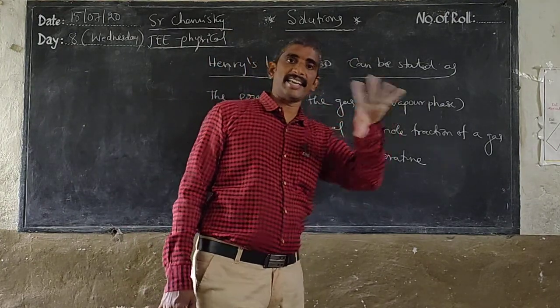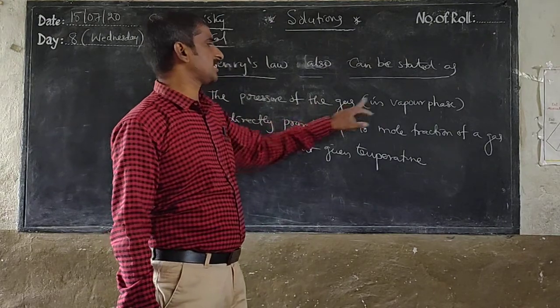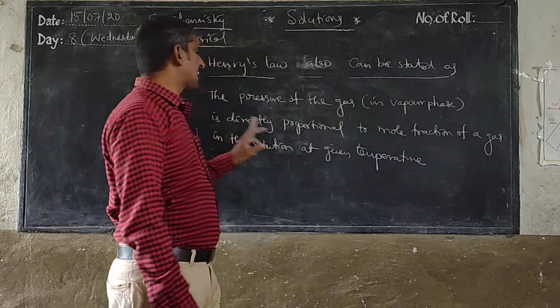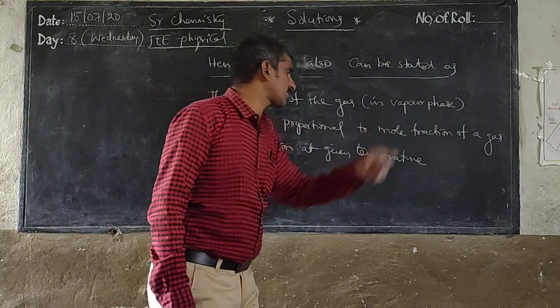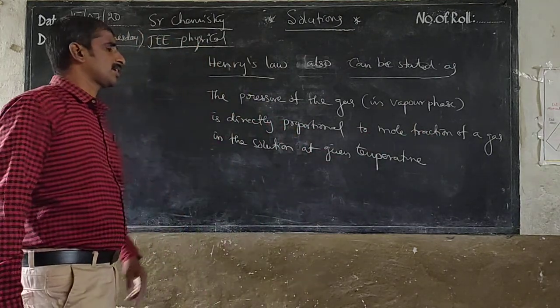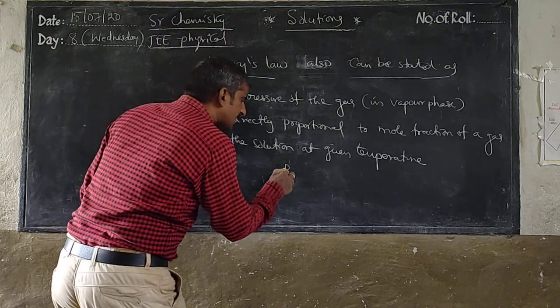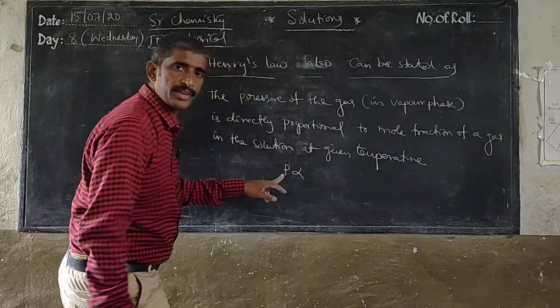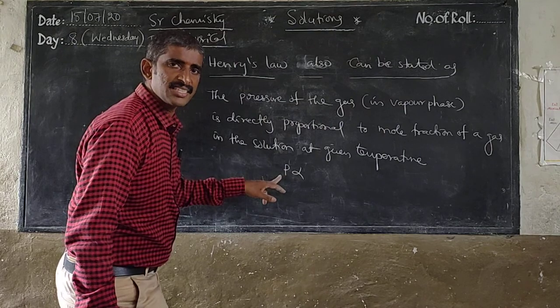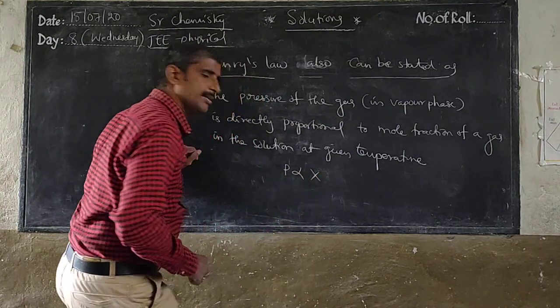The most common form of Henry's law is stated as: the pressure of the gas in vapor phase is directly proportional to the mole fraction of the gas in the solution at a given temperature. Simply, pressure of the gas is directly proportional to mole fraction.